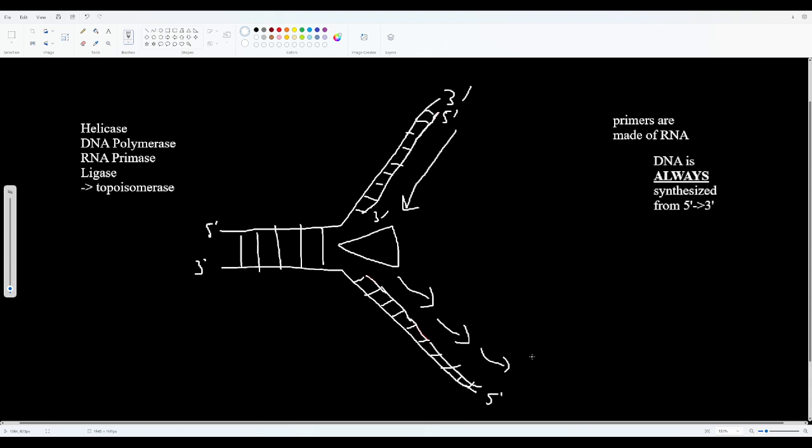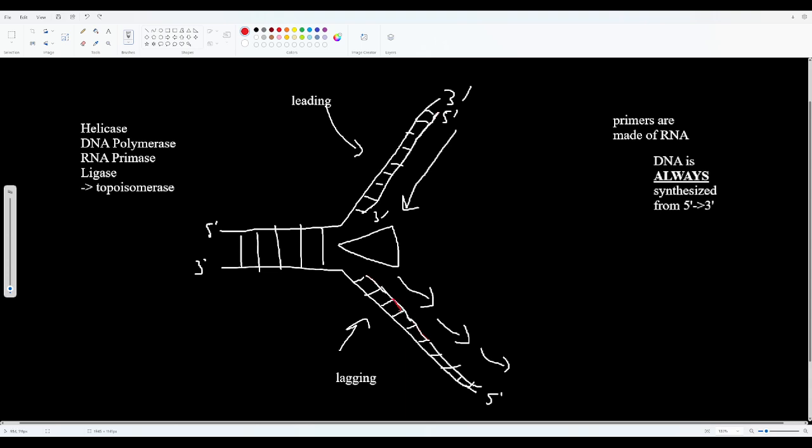When we're talking about the lagging strand, just to be clear, we have the leading strand here, and over here we have the lagging strand. We talked about how we have multiple fragments of DNA, and how the more the DNA is unzipped, the more primers we have to have.